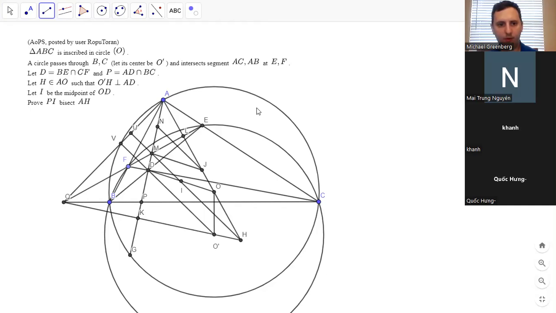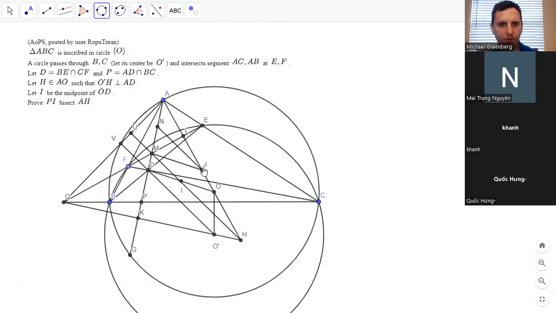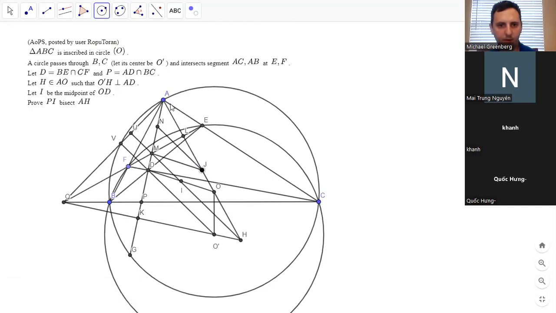So hold on. So you're saying we can show MJ is parallel to DO because of a homothety. So J, what is the circle J? Is it this circle? Okay, diameter AH.